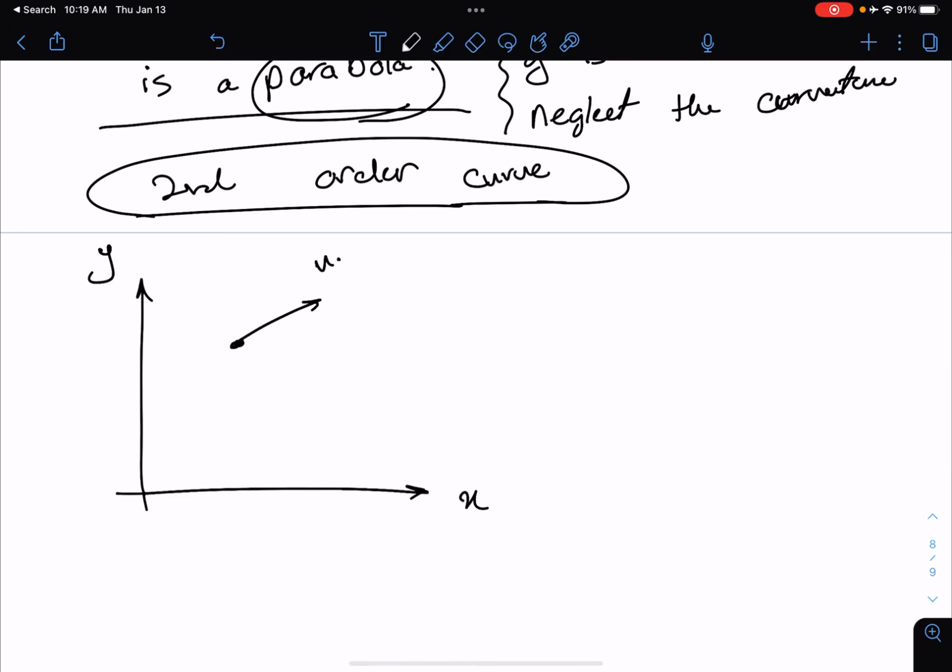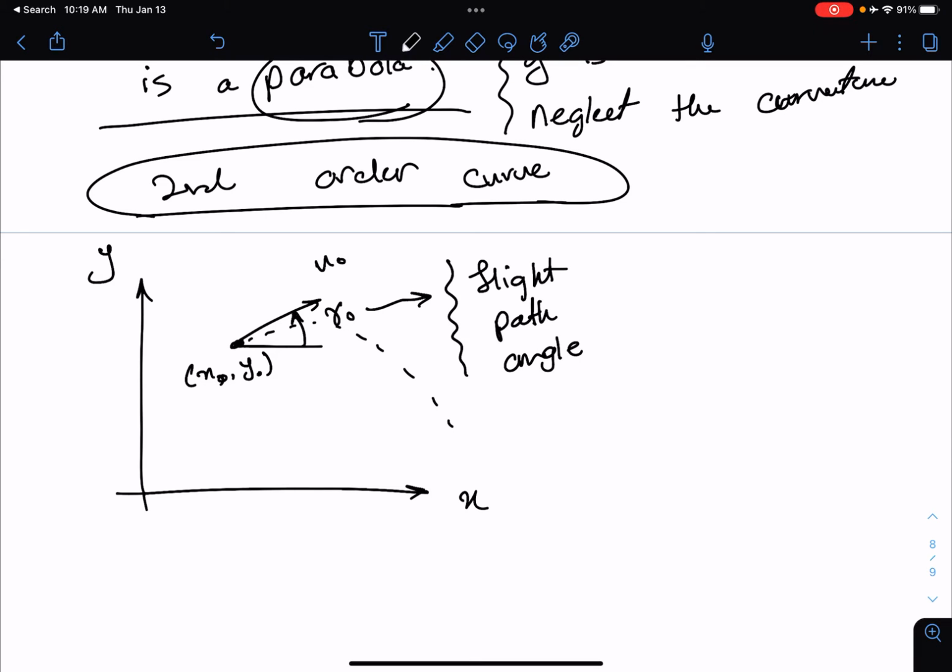We have a v naught, and this is the predicted trajectory. It starts at location x naught and y naught. And we also have this angle, gamma naught. This is called the flight path angle, the angle your vehicle has with the surface of the Earth, the direction of the trajectory of your vehicle at that specific location.